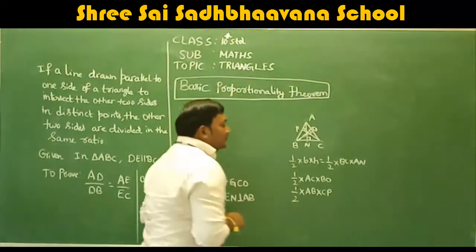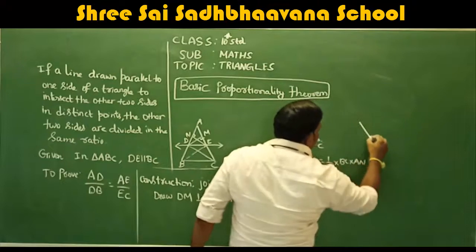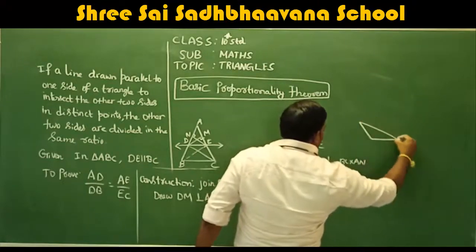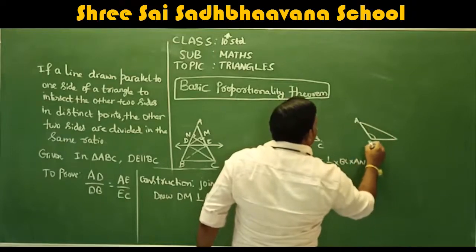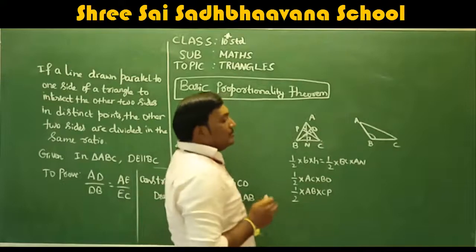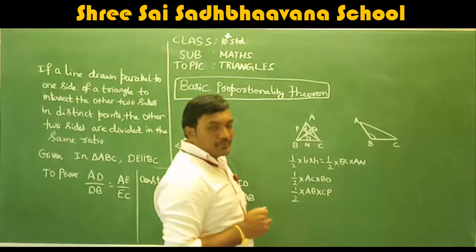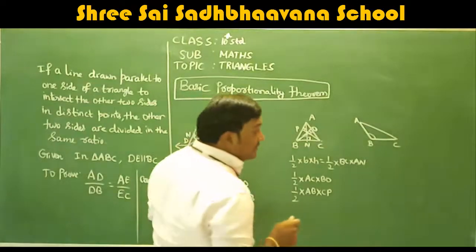Now, for example, let me consider an obtuse angled triangle like this. Imagine it is ABC. For this, I have to consider BC as the base. Do you have any perpendicular for BC? Can we draw any perpendicular for BC?